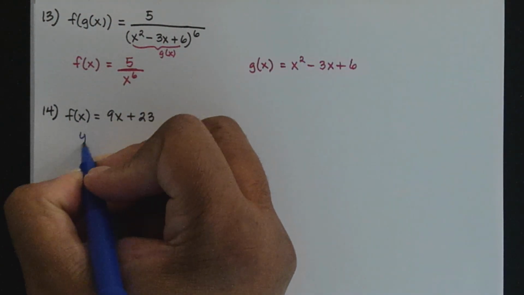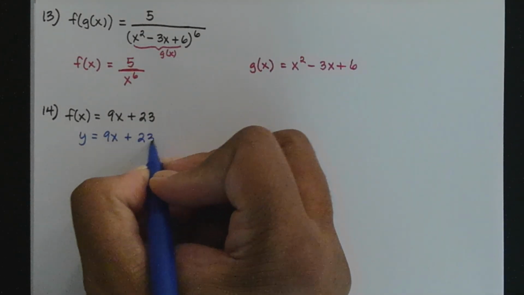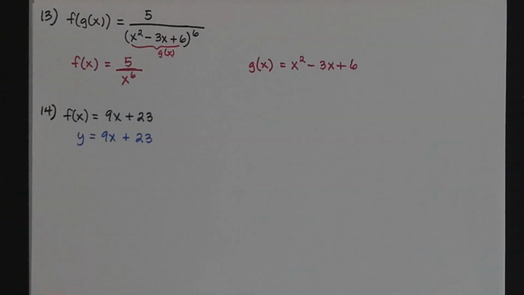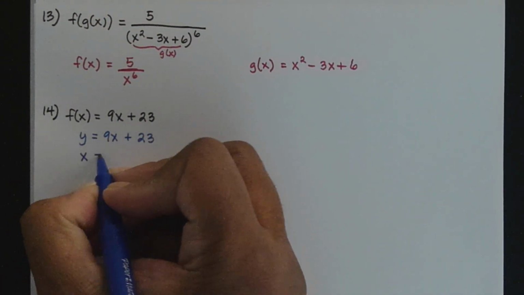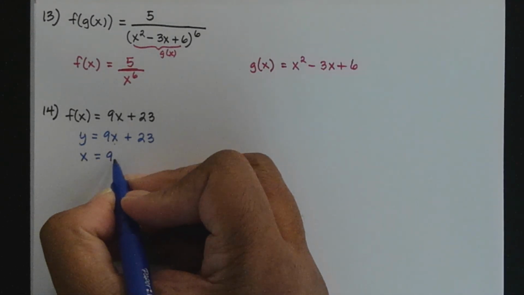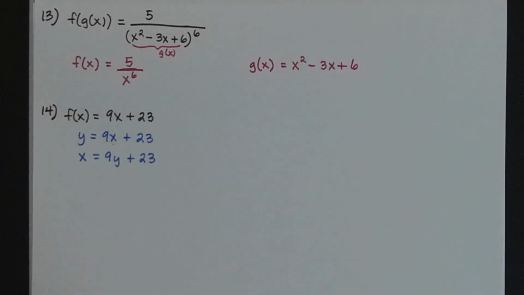So we have y equals 9x plus 23. The second step is to interchange x and y. So this y becomes x, and that x becomes y. So I've got x equals 9y plus 23.